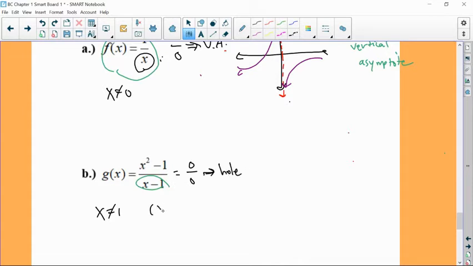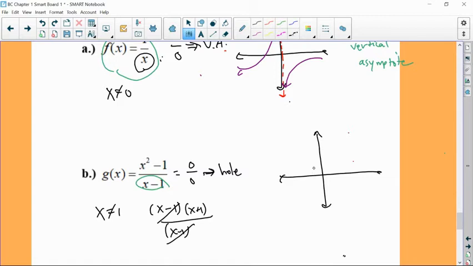And another characteristic of a hole is that you could have factored this, right? x minus 1 times x plus 1, over x minus 1, they cancel. And so I know there's a hole. And this function's going to really behave like x plus 1, which is linear. So if I were to draw that graph, up 1, slope of 1, it's just that when x was 1, there's a hole, and the graph continues.